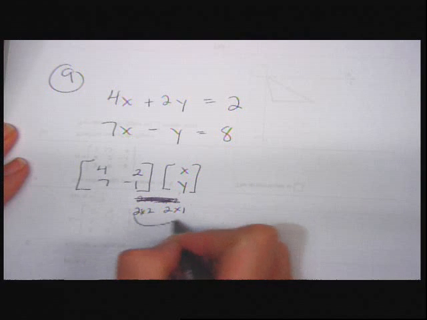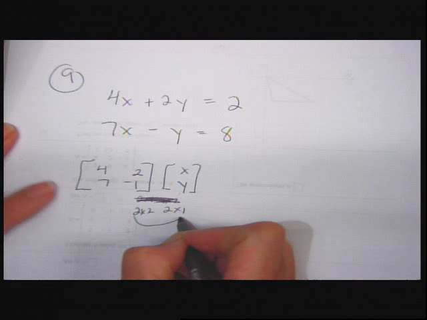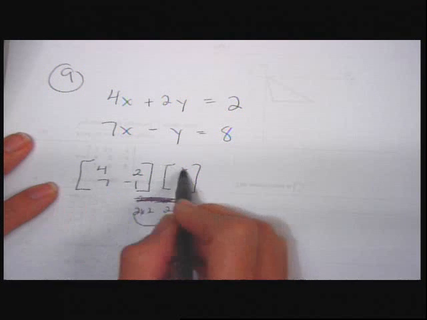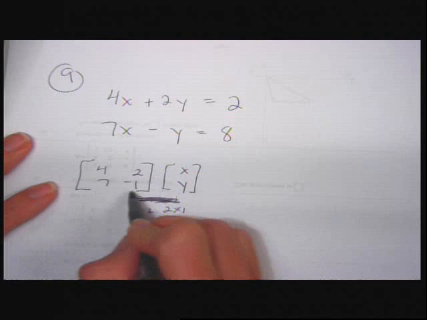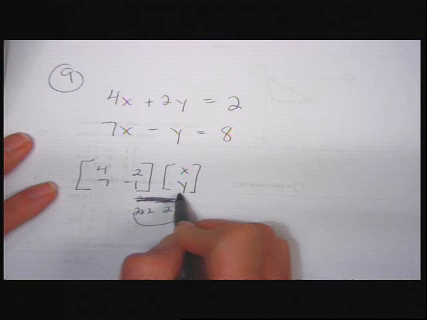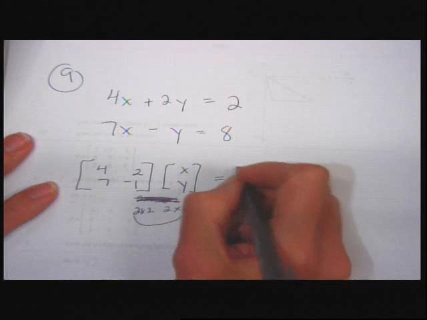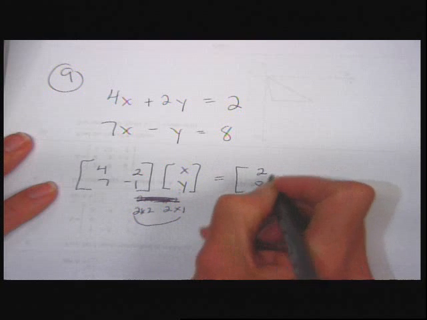So you would create a 2 by 1 matrix, 2 rows, 1 column. It would be 4x plus 2y in the first row, and then 7x plus -1y in the second row. And then you would just put the 2 and the 8 like this.